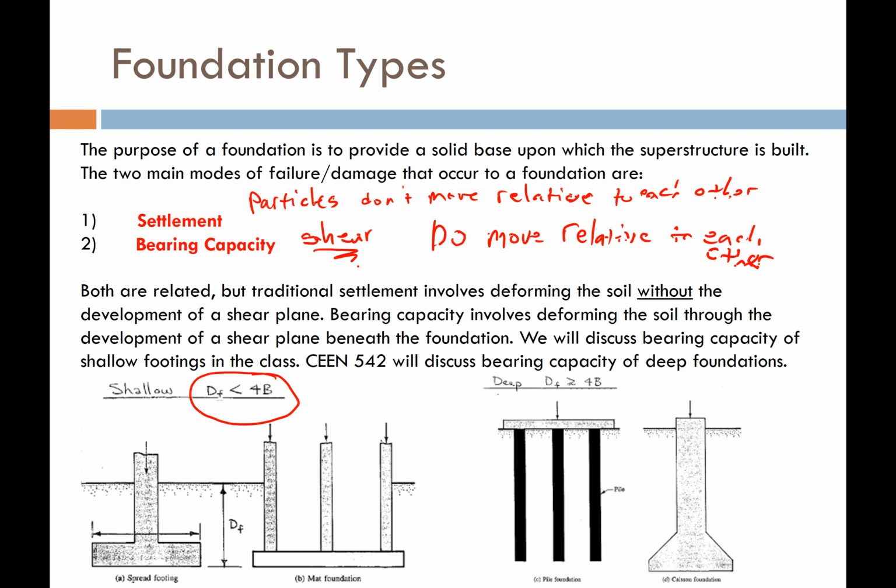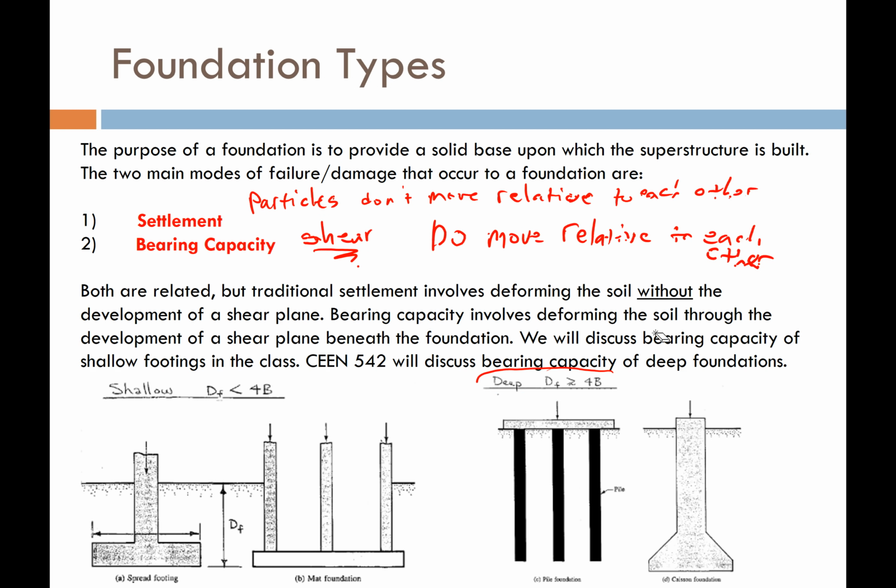So if I have, for instance, a 6-foot wide footing, then as long as the depth of my footing is anything less than 24 feet, then I can consider it a shallow footing. Now, a deep footing or a deep foundation is anything where the bottom of the footing is deeper than 4 times the width of the footing.